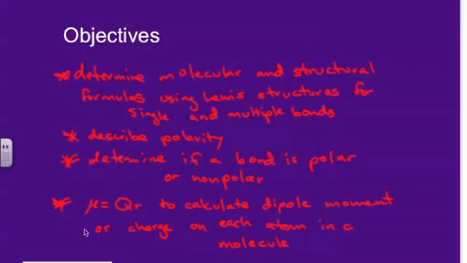So, looking at Lewis structures. To review, whenever you want to draw Lewis structures for a molecule, your first step should be to draw Lewis dot diagrams for each element.